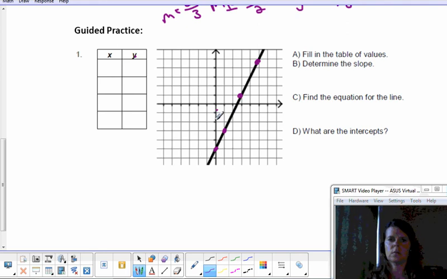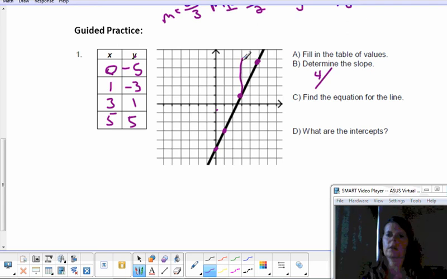So x is 0, 1, 2, 3, 4, 5 and y is negative 5, negative 3, negative 1, 1, 3, 5. So determine the slope. Let's just count. We're going to go up 1, 2, 3, 4, up 4, and we're going to go right 2. So positive 4, positive 2. So our slope is 2.